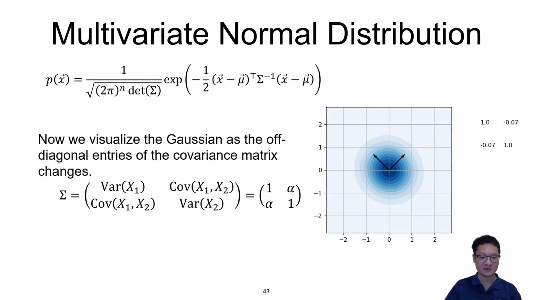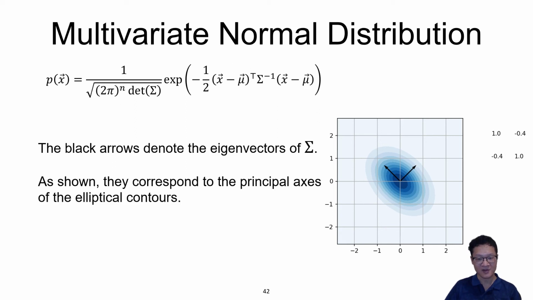Basically, when we take a top-down view of the Gaussian distribution, it will always be an ellipse or concentric ellipses, which are basically stretched out circles. The principal axes, meaning the major and minor axes of the ellipse, are always going to be in the direction of the eigenvectors of sigma.